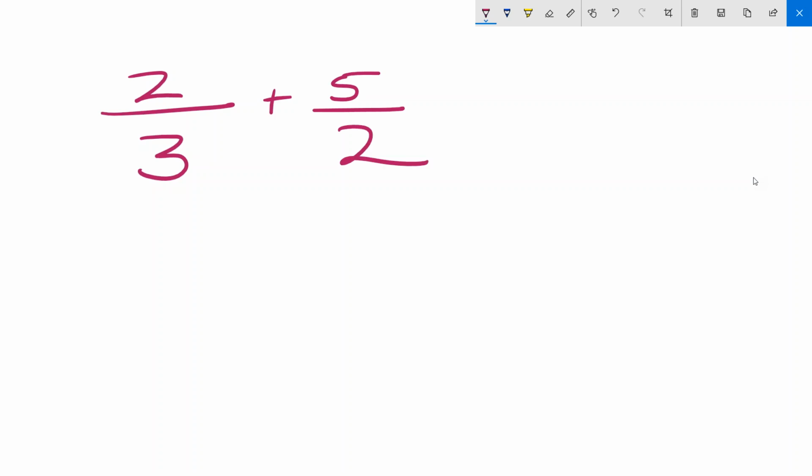All right, let me try a different one here. Let me think for a moment. Two positive fractions. So all we've got to do is find a common denominator and then just operate on the numerators.